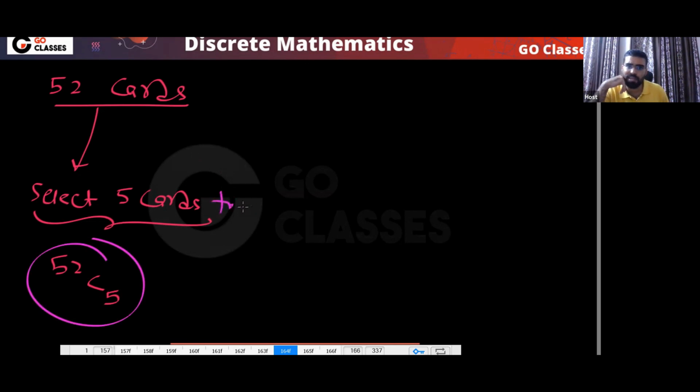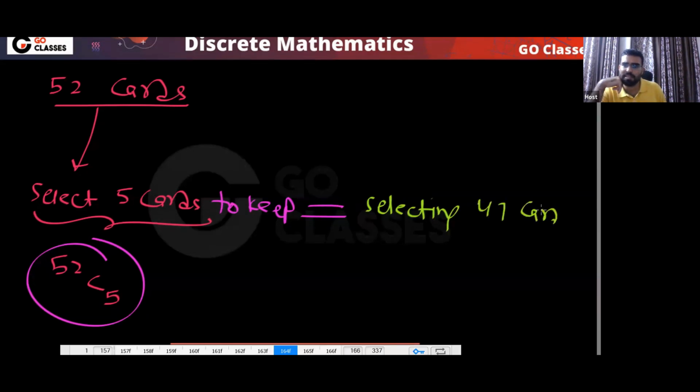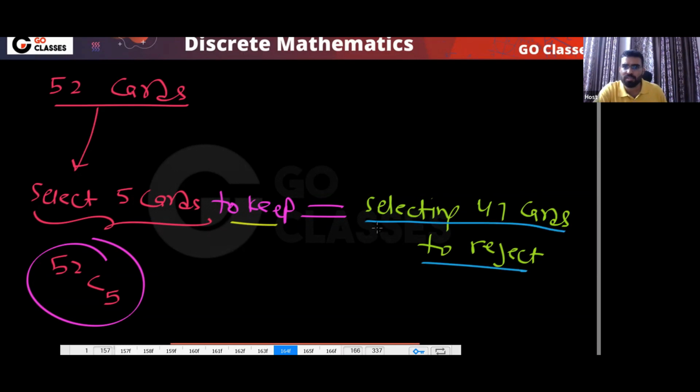Selecting 5 cards to keep is the same as selecting 47 cards to reject. Selecting 47 cards to reject means from 52, you are selecting 47 cards to reject. So both these things are the same.